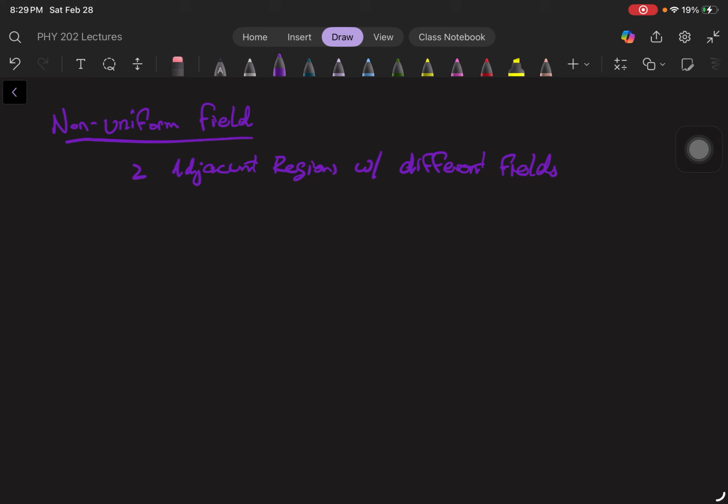Okay, and so let's say we have maybe some plate here that's all positive charges. Plate over here, we'll have that also be positive charges. And let's say there's a plate in the middle. It's negative charges.